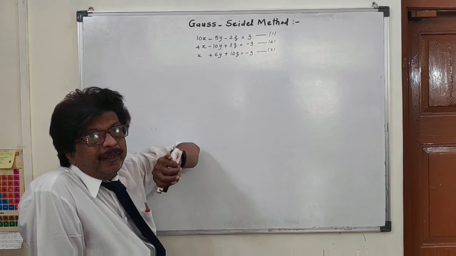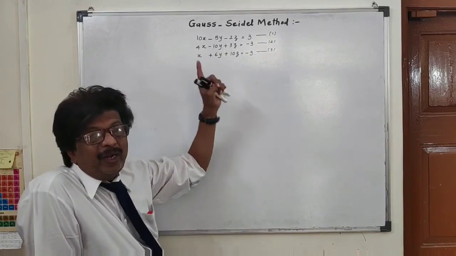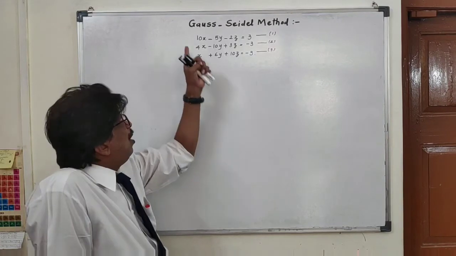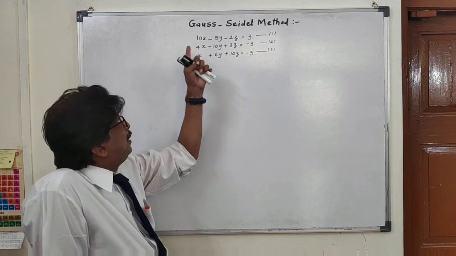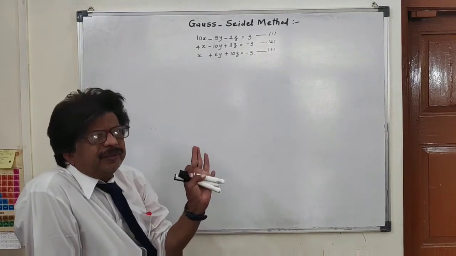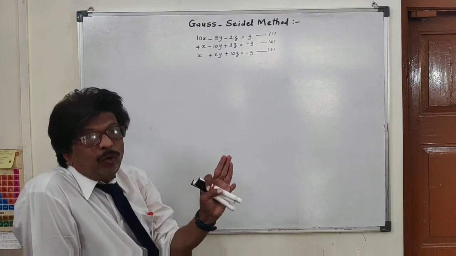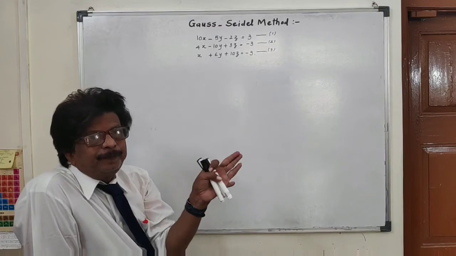Specifically, this system is diagonally dominant. Why? Because along the diagonal the coefficients are 10, 10, 10. It may be plus or minus; the absolute value of the diagonal coefficients is maximum.